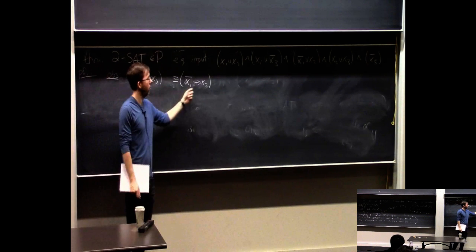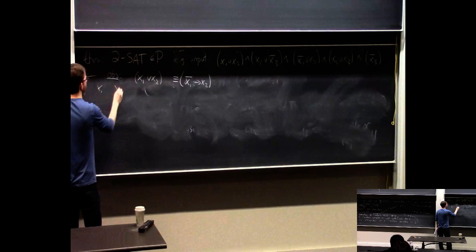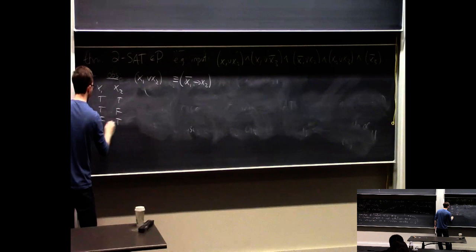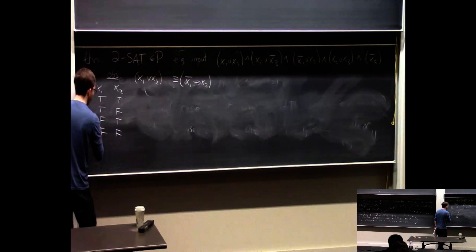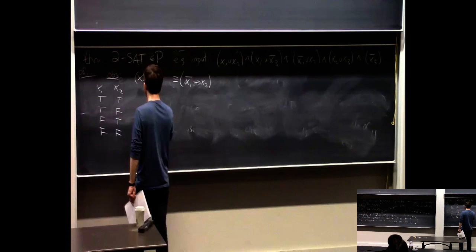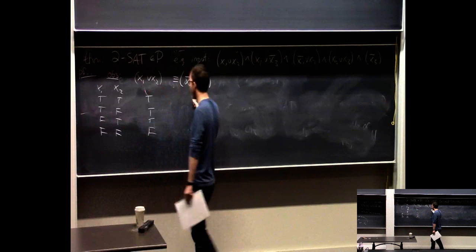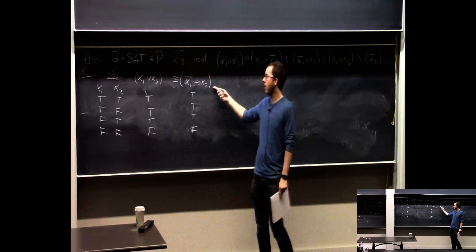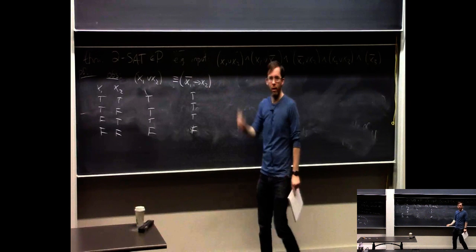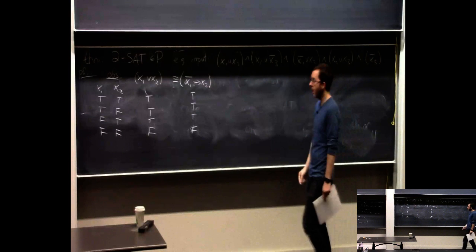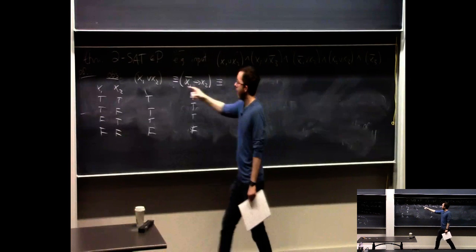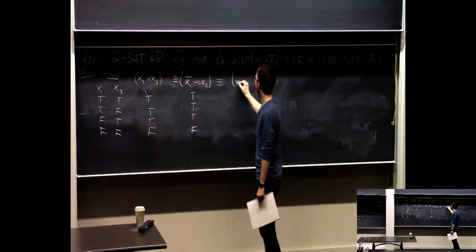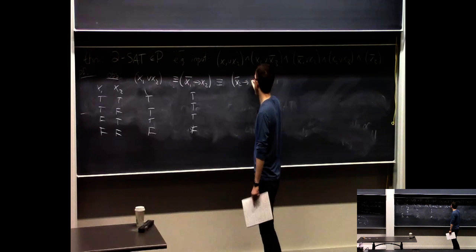Otherwise, x2 better be true. If you prefer the truth table, it's true, true, true, false, and the same for the other. So an OR of size 2 is really the same, if you negate one of these things, as an implication. In fact, you can do it two different ways. x1 or x2 is the same as x2 or x1, so it's also equivalent to not x2 implies x1.